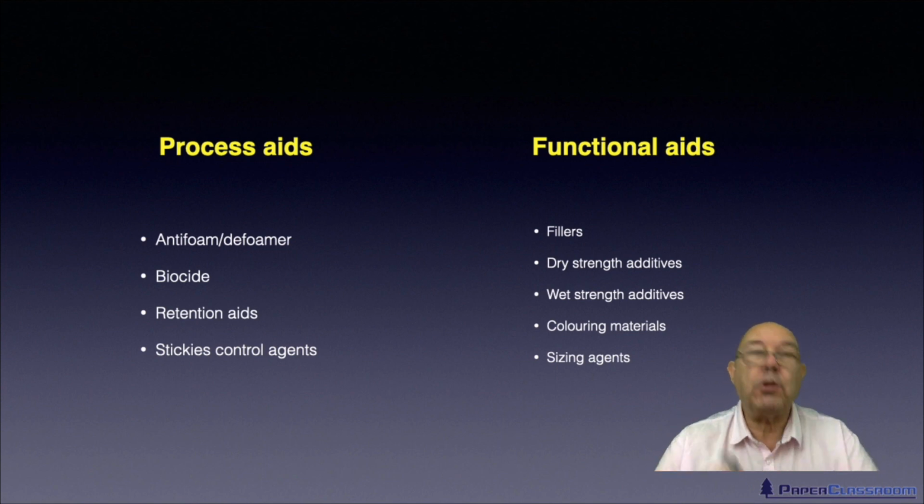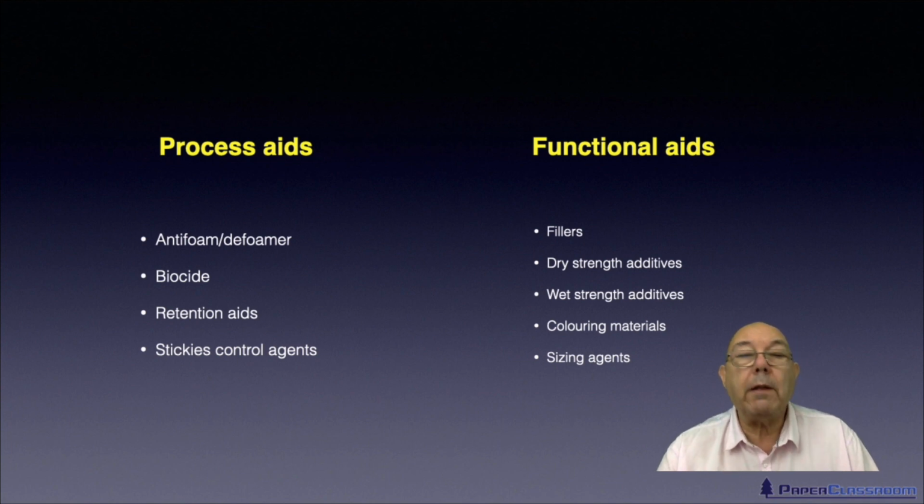However, for functional aids, that is the customer's domain. They may specify a particular brightness of sheet or a smoothness or a porosity. And fillers help us achieve that. Fillers are brighter than fibre.